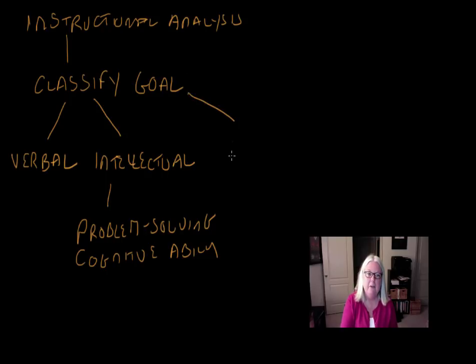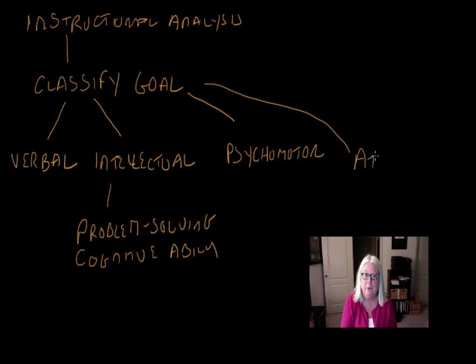The next category is psychomotor, and this is a combination of mental and physical activity. So it involves coordination between mental and physical activity, such as teaching someone how to hit a baseball. Okay, that would be a psychomotor activity because you have to think a lot about it, but it's also very physical. The fourth category that your goal may be is an attitude.